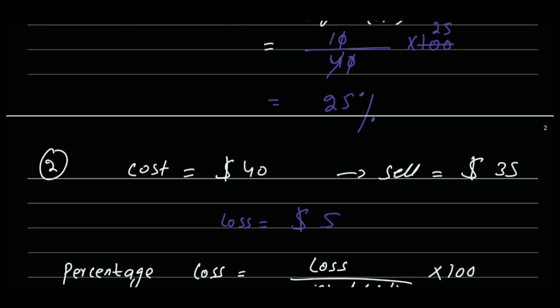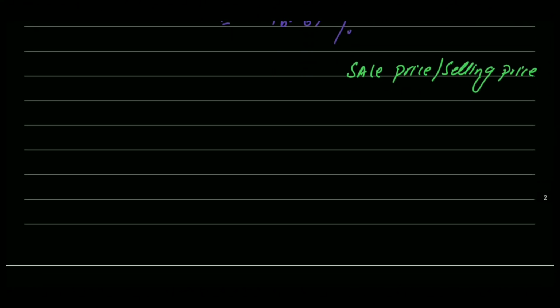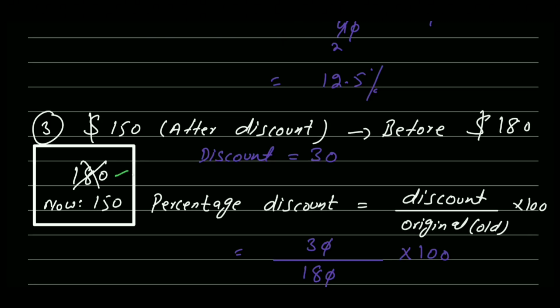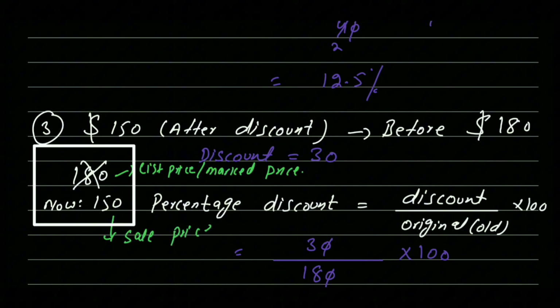Selling price is also called list price or mark price. And after discount, the price is called sale price. This is the main thing that you have to memorize.